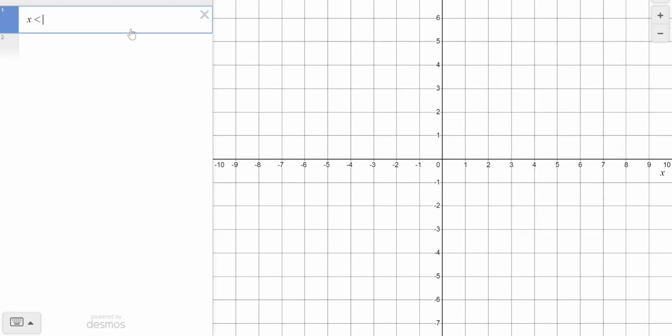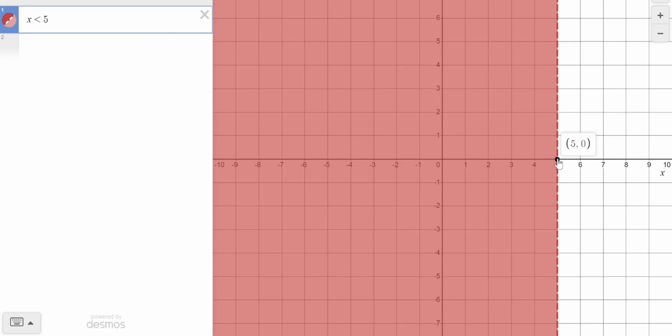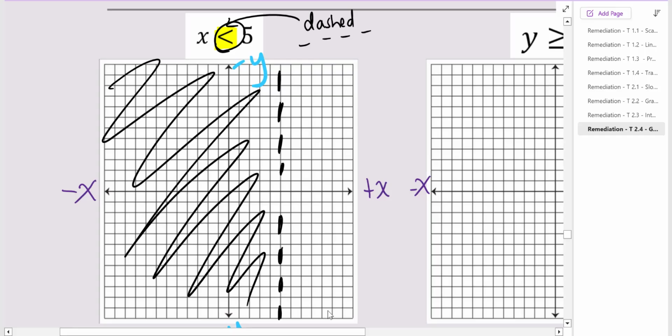And then type it. X is less than 5. And if you look, the point is at 5, the line is dashed, and the color is left. So aquí tú puedes ver que el punto está en 5 en el eje de X, y la línea está en partes, dashed, and then necesitas pintar izquierda de la línea. So tú puedes chequear en Desmos. So right, so you can check this answer in Desmos.